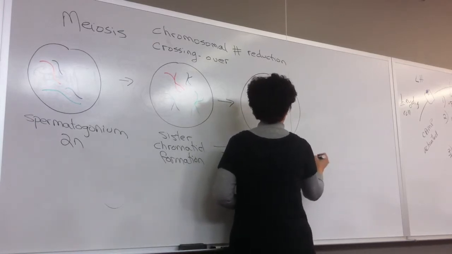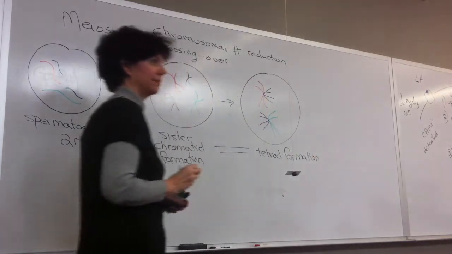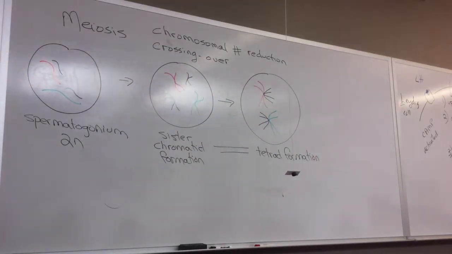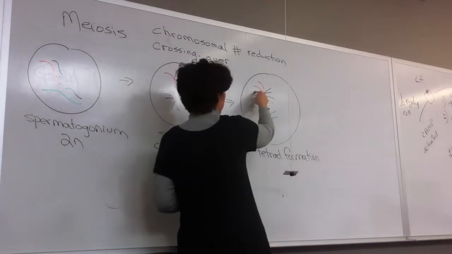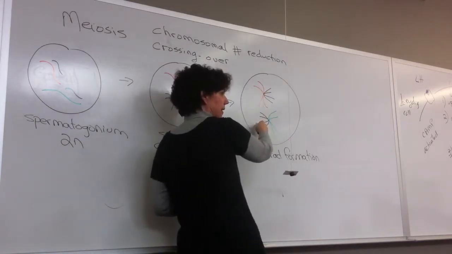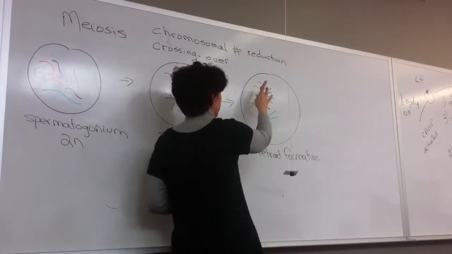These are known as tetrads. This close association in the tetrad formation is what allows crossing over to occur. So now, we don't have crossing over between these 2 sets, but between these 2.